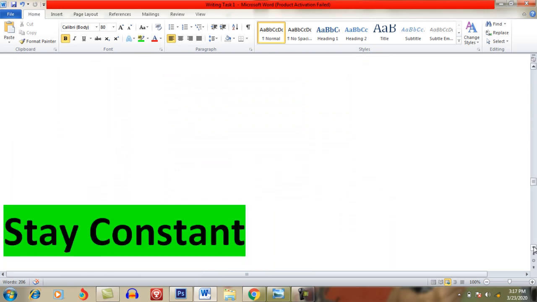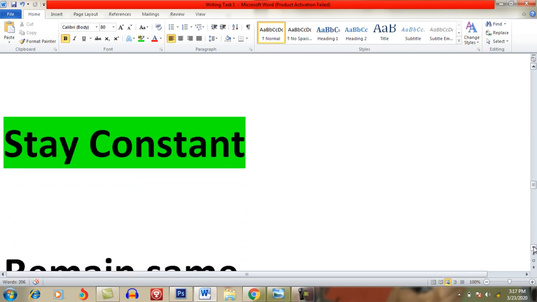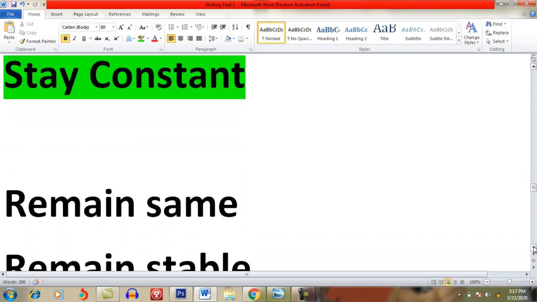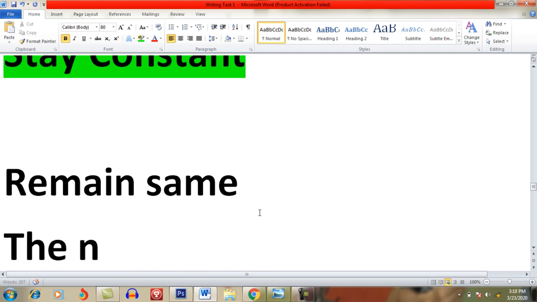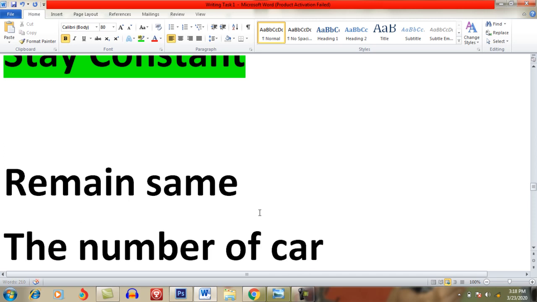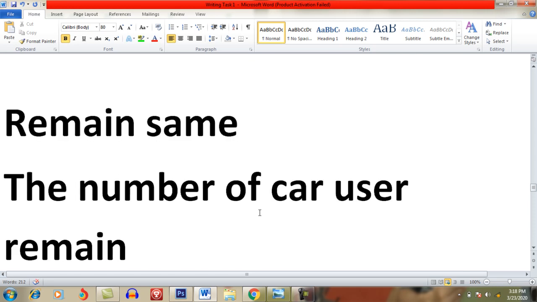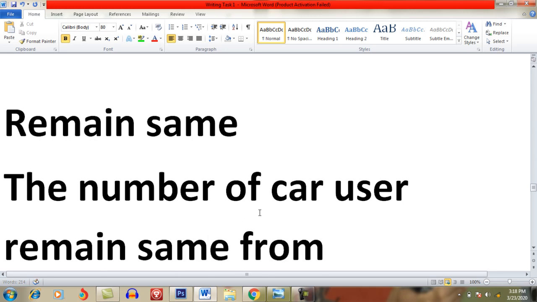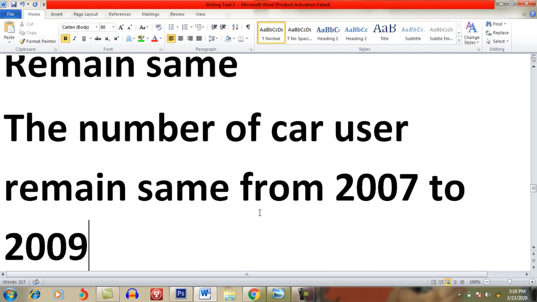When the figure stays constant, how can you describe that, and how will you use words that mean remaining the same? For example, you can mention that the number of card users remained the same from 2007 to 2009.